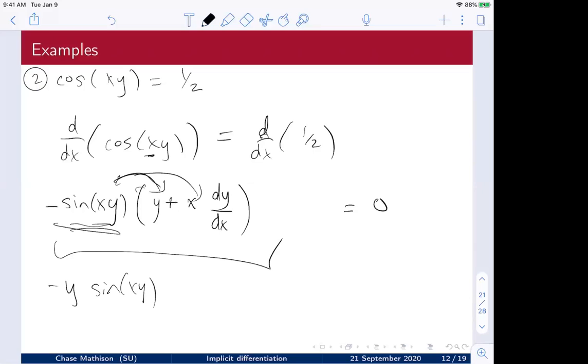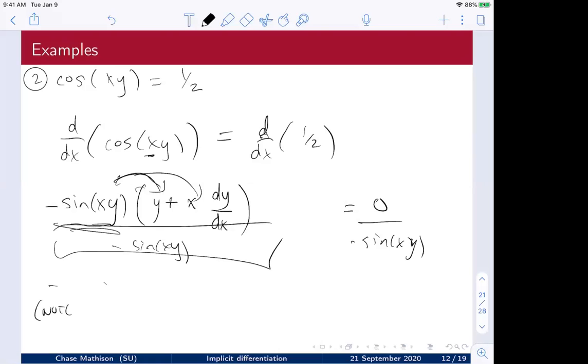That's actually what we're going to do instead. So divide both sides by negative sine of x times y. And whenever you divide by something with a variable, you need to note that we can't have sine of x times y be 0, because division by 0 is undefined, okay?